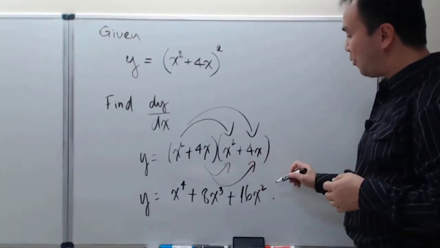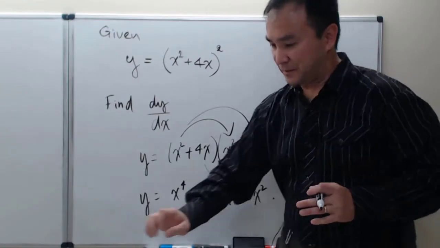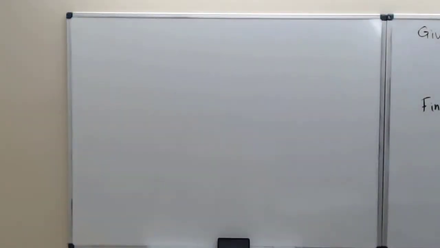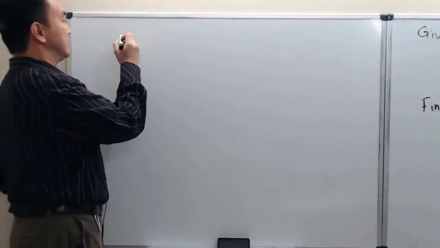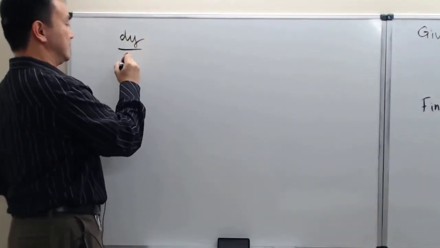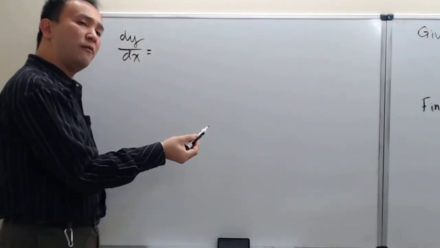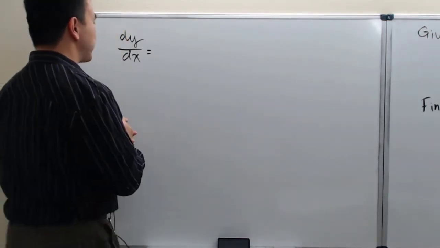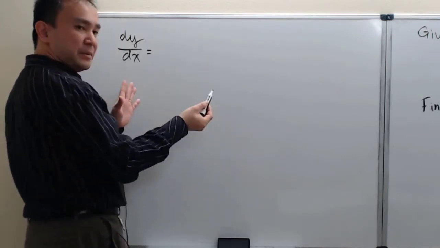And then at this point, I can easily apply the power rule on each of our terms here, with a little bit of the other rules. So now I'm ready for my derivative. dy dx is going to be, and at this point, hopefully anyone viewing my video is fluent enough with all the basic rules, so I am going to start picking up pace a little bit.